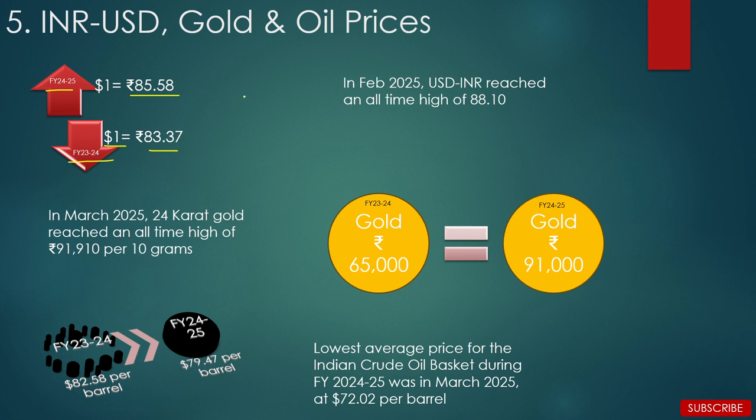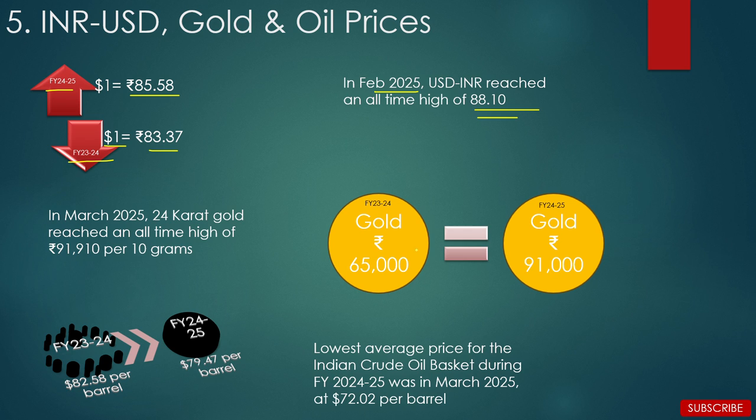It's interesting to note that in February 2025, the USD-INR reached an all-time high of 88.10, and there was massive chaos in the market because of that. And somehow the situation eased a bit by the time the financial year ended in March.